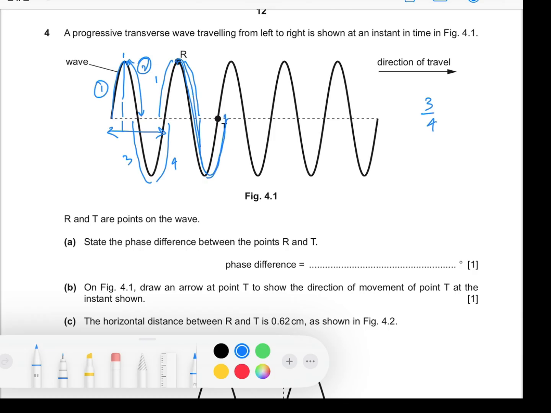And the distance between R and T is equal to 3/4 of a wavelength. And to find this distance in terms of angles, you would need to multiply that by 360 degrees. If they had asked you in terms of radians, you would have said 3/4 multiplied by 2 pi, but this is degrees, so we'll go with this answer of 270 degrees.